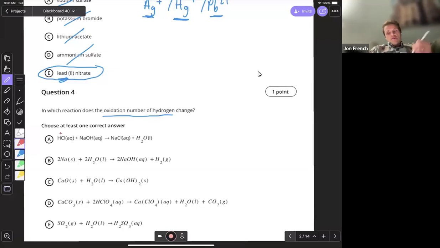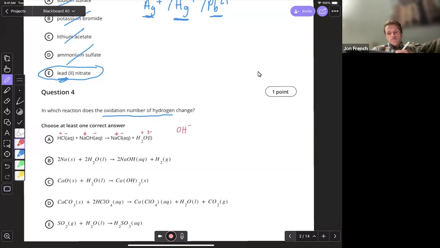So if I want to assign oxidation states to everything in this reaction, in HCl, the proton's +1, chloride's -1, sodium would be +1, hydroxide is -1, sodium again is +1, chloride's -1. In water, hydrogen would be +1 each, oxygen's -2. We could see the same thing in hydroxide.